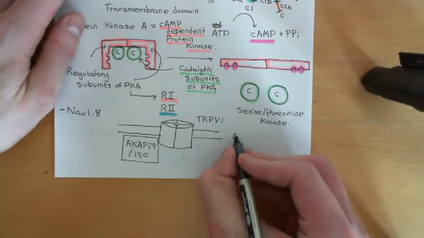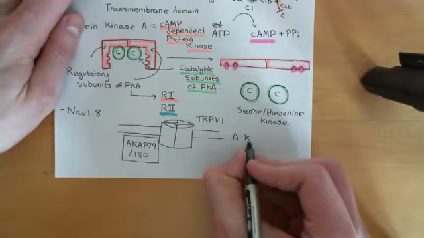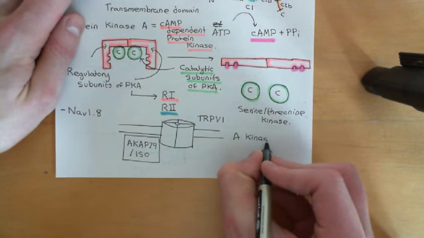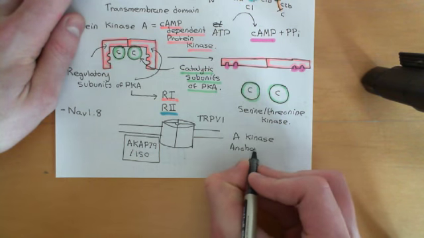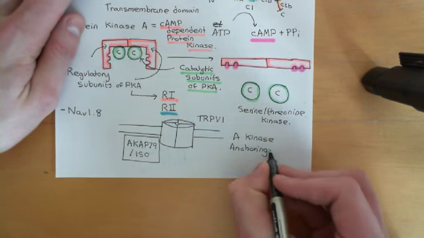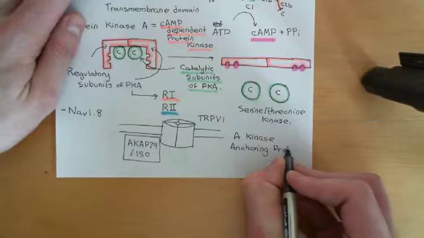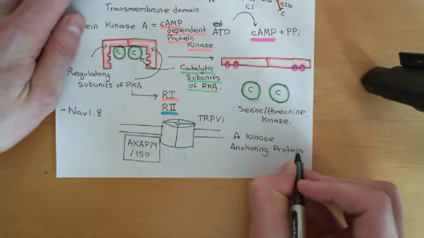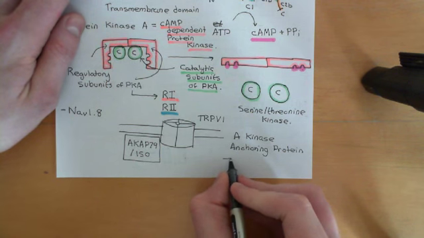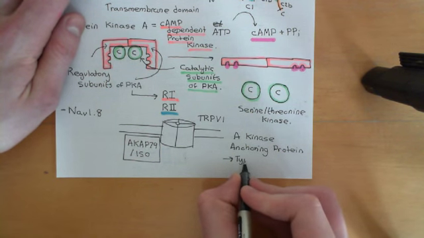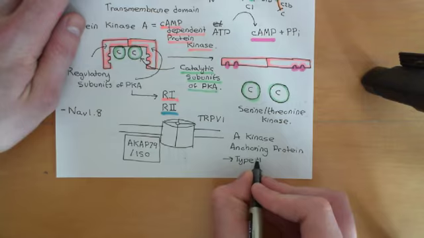Well, AKAP stands for A kinase, referring to protein kinase A, anchoring protein. It's a protein which binds to certain forms of protein kinase A. Now, it can't just bind to any old form of protein kinase A. It specifically binds to protein kinase A known as type 2 protein kinase A.